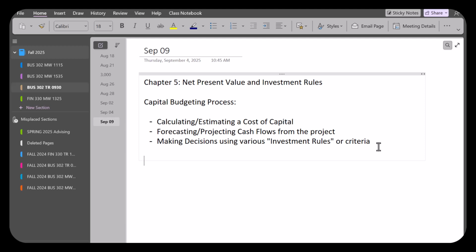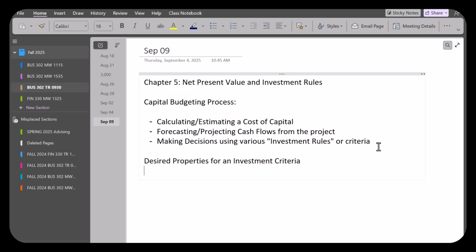Now, we want some desired properties. We have all these inputs.